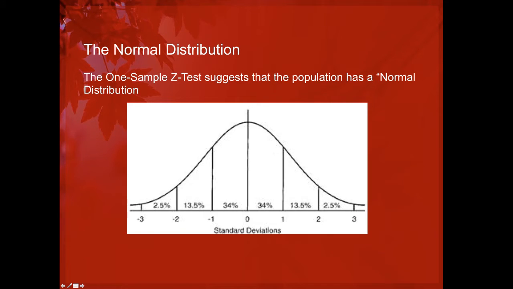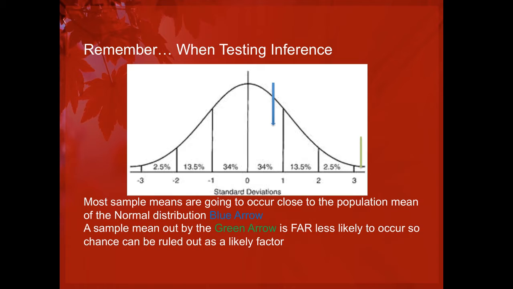One of the very basic assumptions in order to run a one sample z-test is that the population is normally distributed. Going back to the previous chapter, you recall that most sample means should be very close to the population mean. Critical regions define which values result in rejecting the null hypothesis.